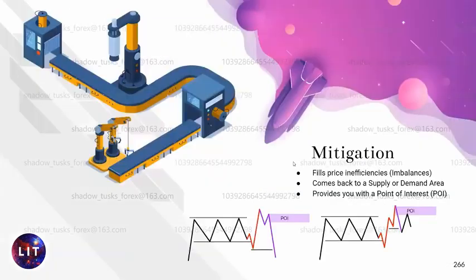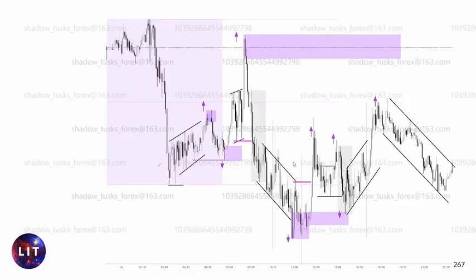Next up, we have our mitigations. So let's just think about this logically, right? We have an inducement high of this, but then we come down, we show our liquidity right here. Boom. So once we induce this level, we have to be a lot more careful of this mitigation right here.